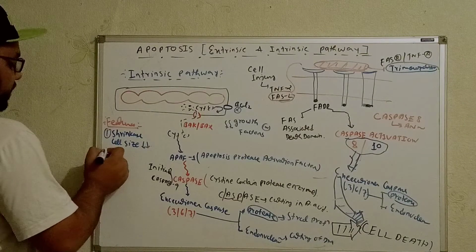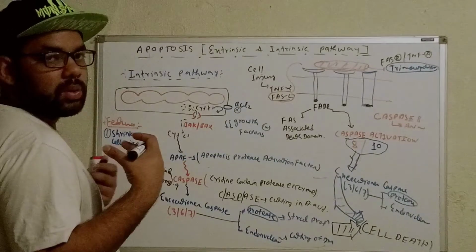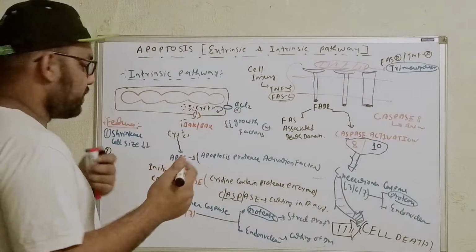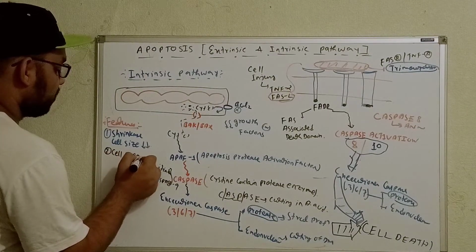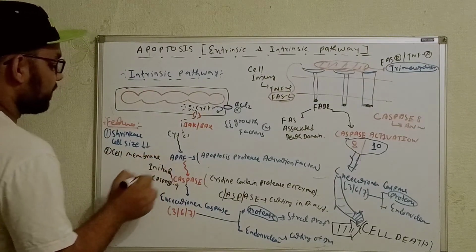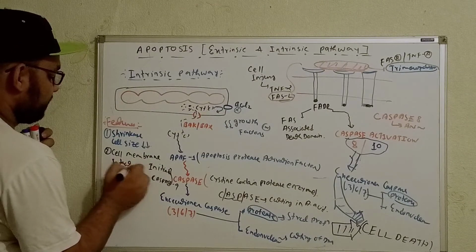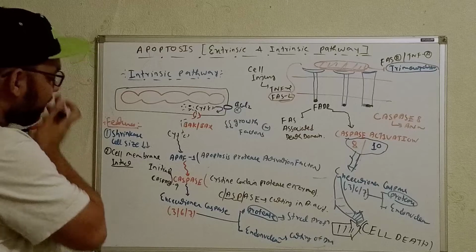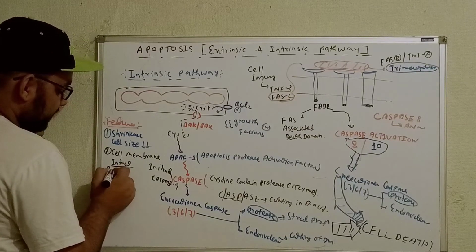And as we know, in these cases there will be no problem as far as the cell membrane is concerned. There will be no damage on the cell membrane. So we can write that the cell membrane will remain intact. Why? There is no activation of the phospholipase enzyme.